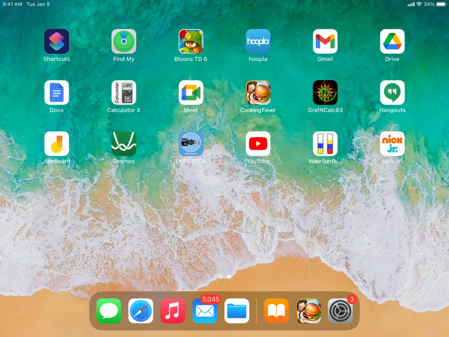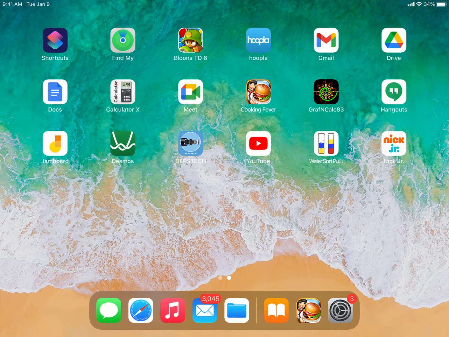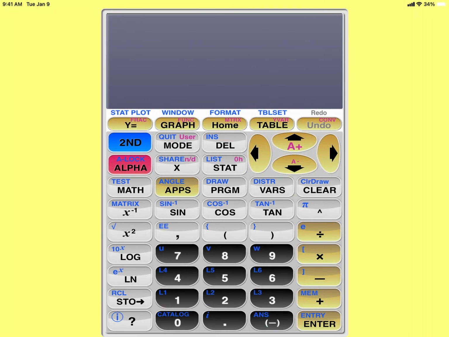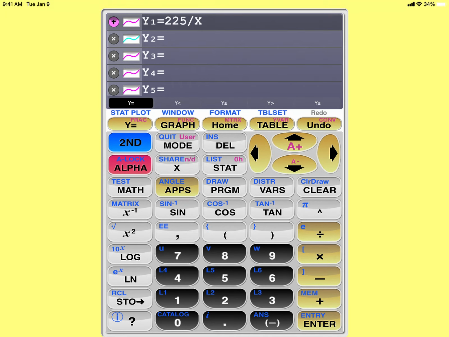All right, let's prove this to you by using a calculator. I use something called Graphing Calc 83 for my iPad, free. Let's punch it in. x cubed plus x squared minus 10x plus 8.